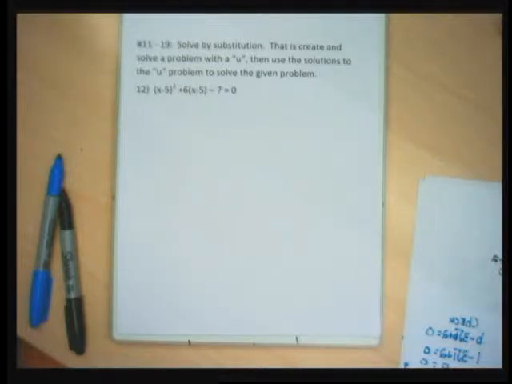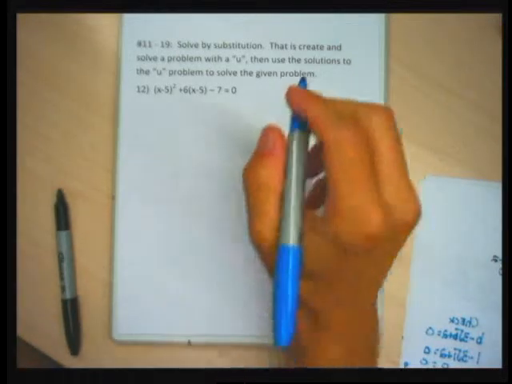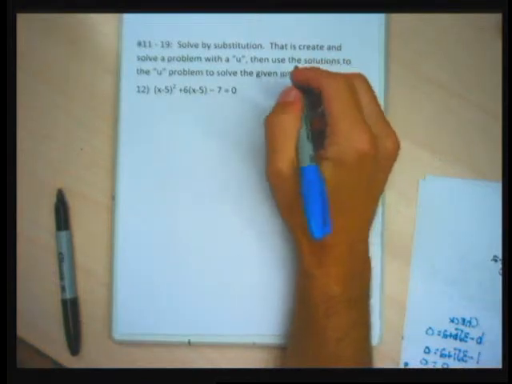It's called U-substitution, and basically U-substitution has me create a problem that's simpler than the original problem. I'll solve the easy problem and use the answers to the easy problem to help me generate answers to my problem.